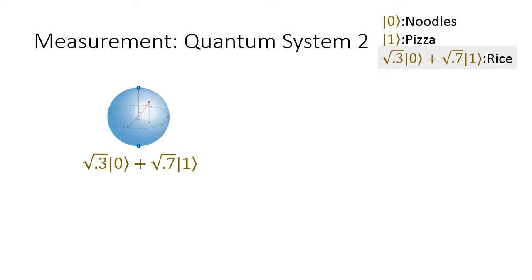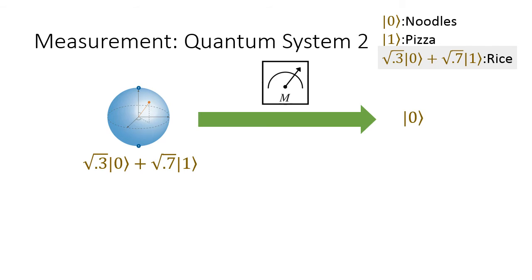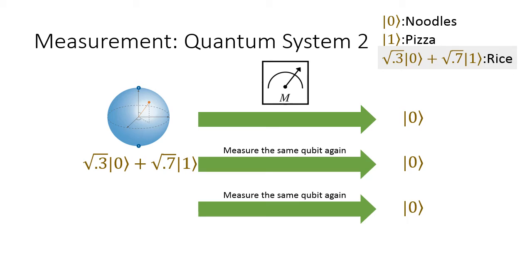So today Bob prepared a qubit of rice, and then Alice performed the measurement. However, Alice observed the state 0. Alice performed the measurement multiple times and she still observed the state 0. Therefore, Alice prepared noodles.